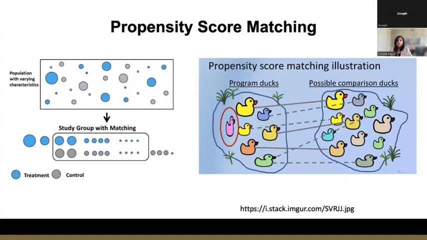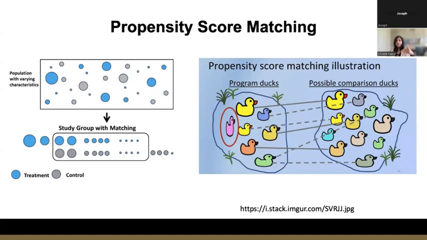Let's say the blue ones are the individuals that received treatment, and the gray ones are the individuals in the control group. With propensity score matching, what we aim to achieve is that we pick up each of the blue circles and we try to find a gray circle from the control group that matches this blue circle as closely as we can get it to match.